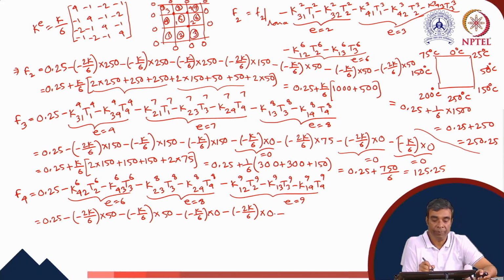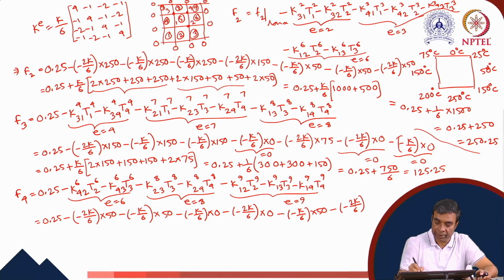Now coming to the ninth element, we have K129, it is minus K by 6 minus K by 6 into T29. T29, it falls on the right boundary where the temperature is 50 degrees centigrade minus K139 T39. K13 is minus 2K by 6 minus 2K by 6 into T39.